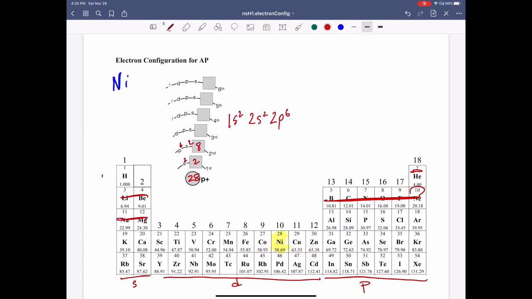Then if we go down to the third energy level, we would have 3s2, and then proceeding all the way across to argon, we would end up with 3p6. Let's put those in our Bohr diagram, s2p6, for 8 electrons at this point.